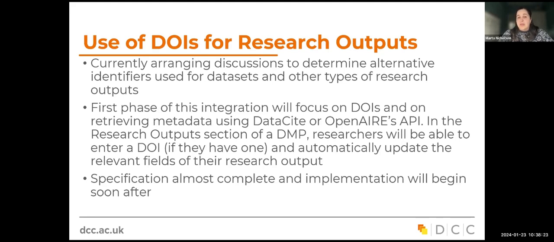For that, it might mean using different sources for the DOIs for the researcher to fetch the information. This means we're looking at the best available repository with all the DOIs available in order to allow the researcher to integrate. This will bring information from the research outputs into the DMP. So it's another way to gather information in your DMP.